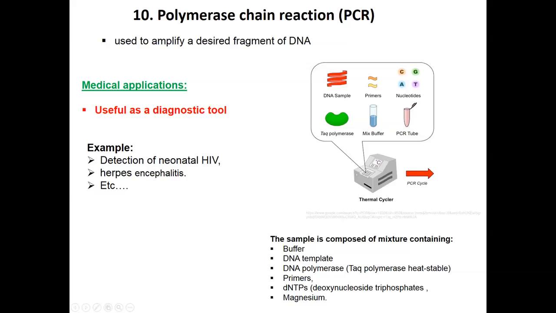Now, the reaction complex contains all this stuff: the buffer, the DNA template, the polymerase, Taq polymerase, that basically synthesizes the nucleotides, and you have your primer. But you also need the dNTPs, naturally, because those are the substrate for the DNA synthesis. Okay.